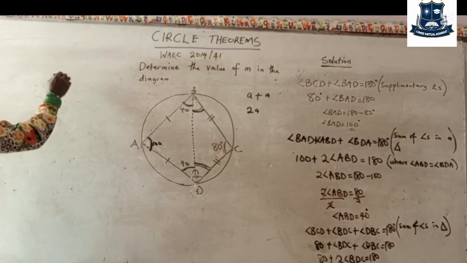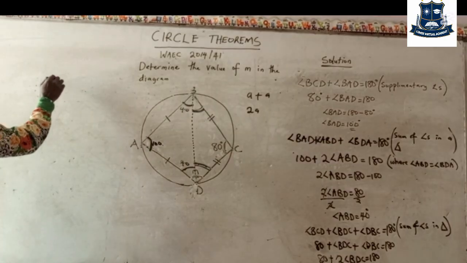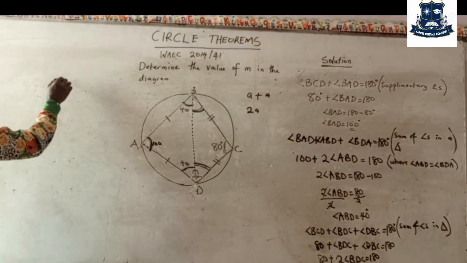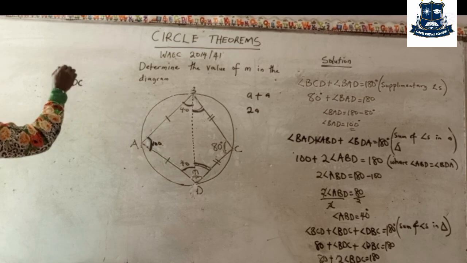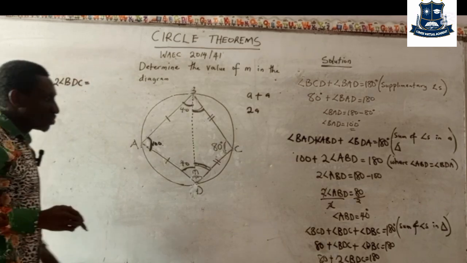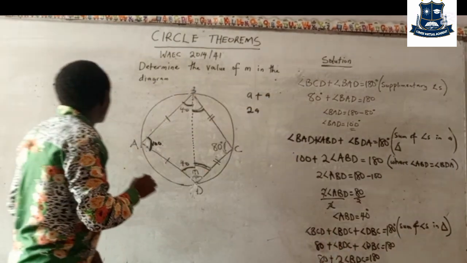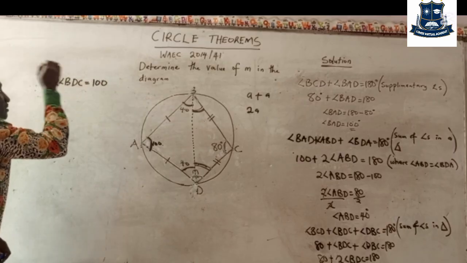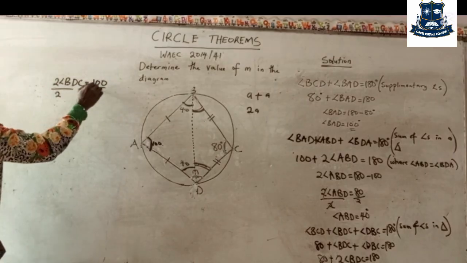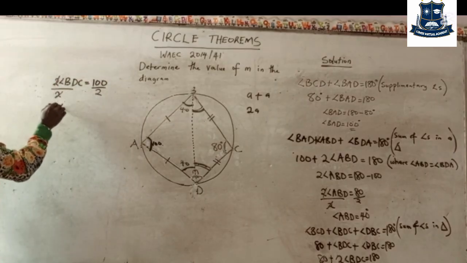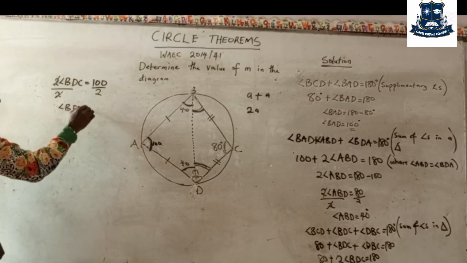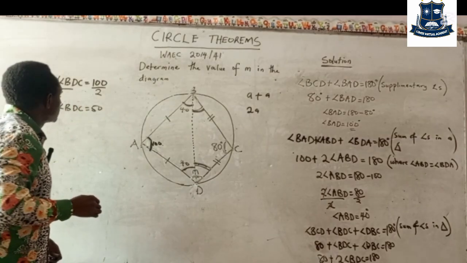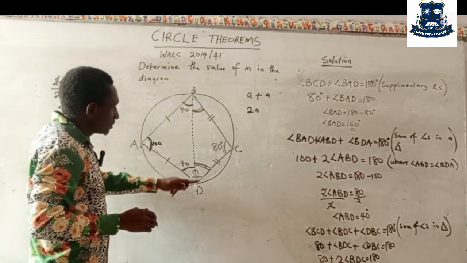So 2 angle BDC equals 180 minus 80, which gives you 100. If I divide both sides by 2, 2 cancels 2, angle BDC equals 50.